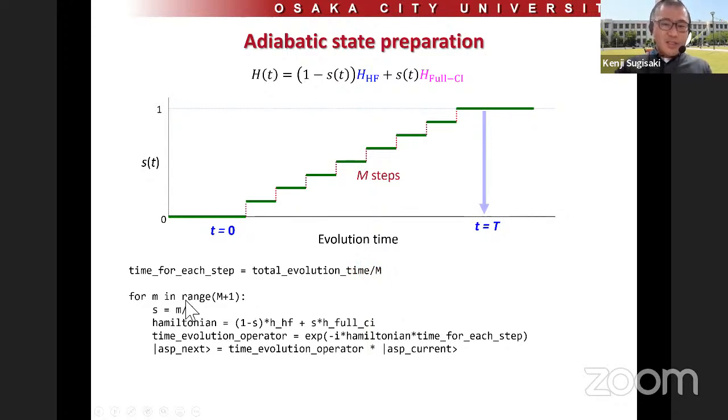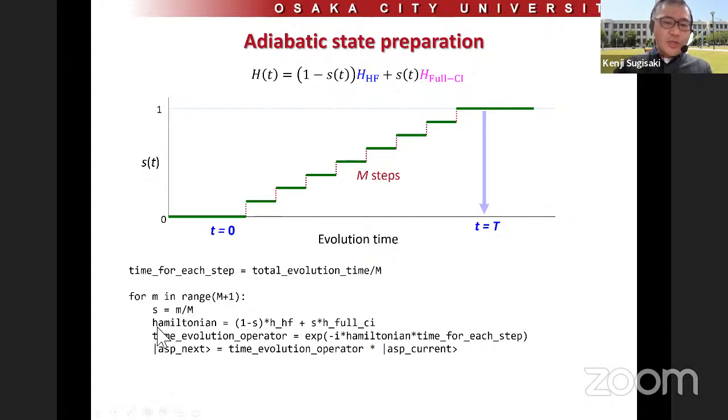We set s equals small m divided by large M. So if small m equals 0, s equals 0, and in this case we have only the Fock operator. If small m equals large M, s equals 1, so we have the full-scale Hamiltonian, or just the conventional electronic Hamiltonian.